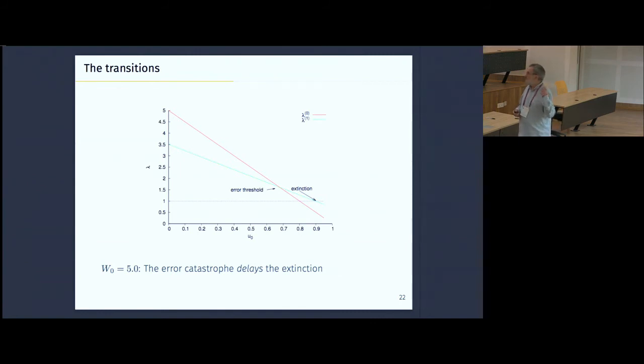dominant eigenvector for the quasispecies equation in this context, and the other one is the dominant eigenvector for the population rate. So the error threshold arises when this eigenvector crosses the population rate eigenvector.